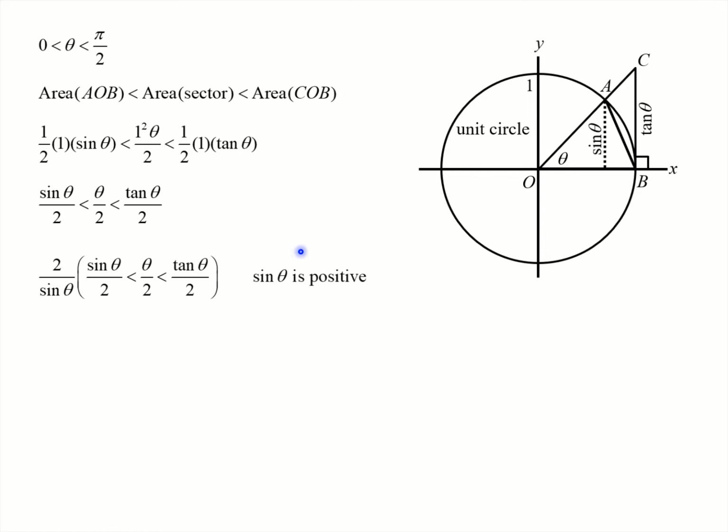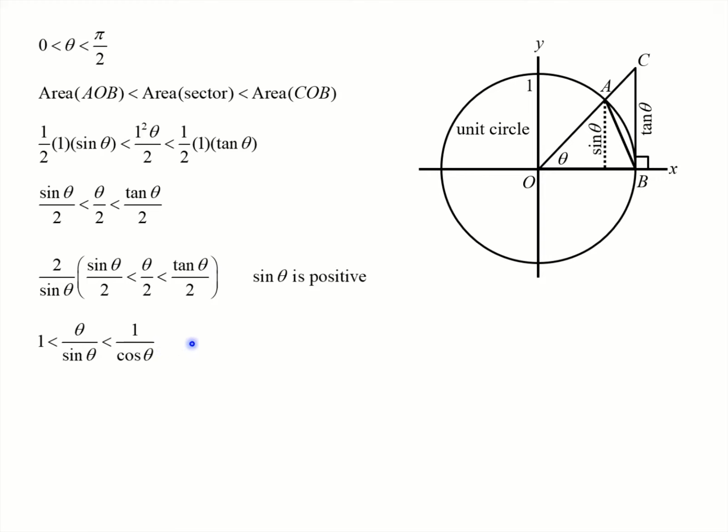Sine theta is positive, so that's not going to flip those inequality signs. And what I'm going to get is 1 less than theta over sine theta less than 1 over cosine theta. How did I get 1 over cosine theta? Well, the 2's canceled. Tangent really is the sine over the cosine, so the sines are going to cancel and you'll have a cosine on the bottom.